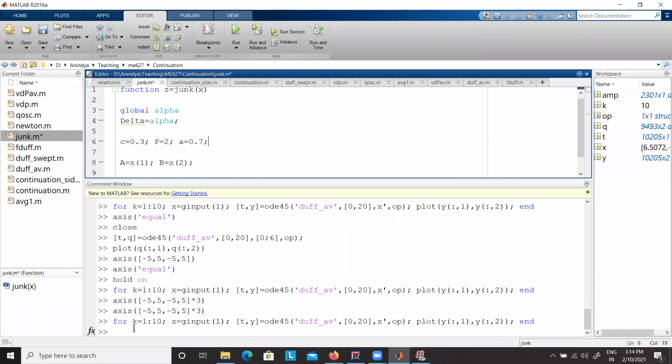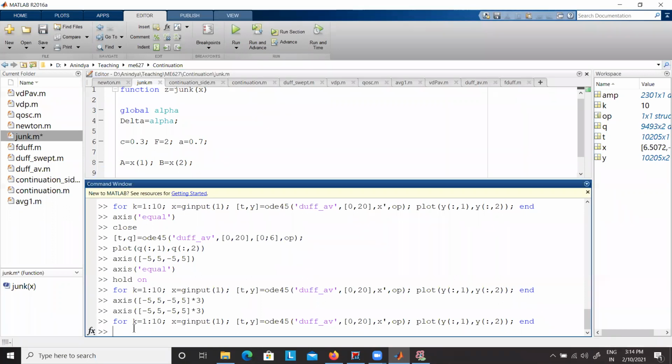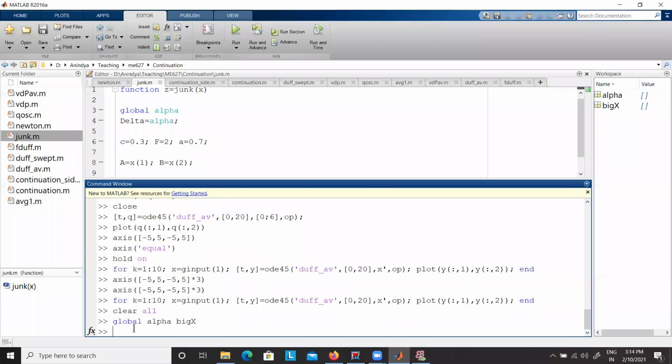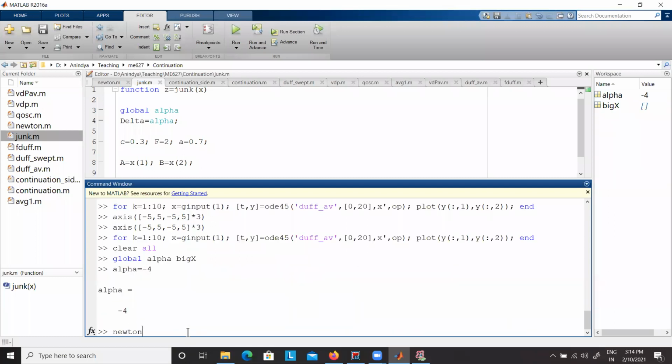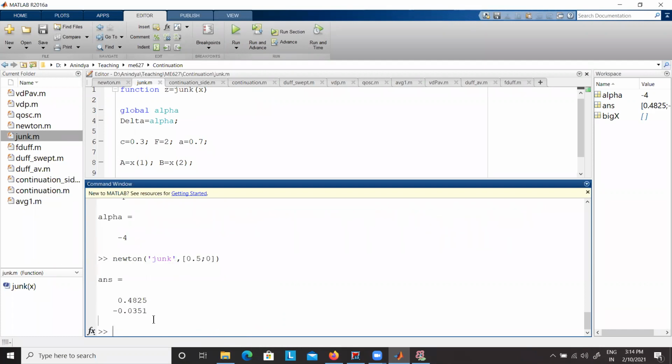So I will come here and I will say clear all. I will say global that. I will say alpha is equal to -4 because I saw that there was a clear solution there. I will say Newton junk like this, and I will put something like 0.5 and 0. And I've got an answer. This is what we got in the beginning.